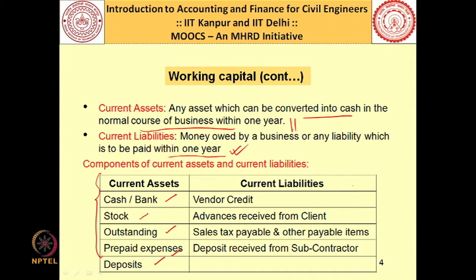On the other hand, some of the examples of current liabilities are your vendor credit, advances, maybe mobilization advance or some kind of secured advance. These are again example of current liabilities. The sales tax payable and other payable items are again example of current liabilities. Then the deposit received from subcontractor is again another form of current liabilities.